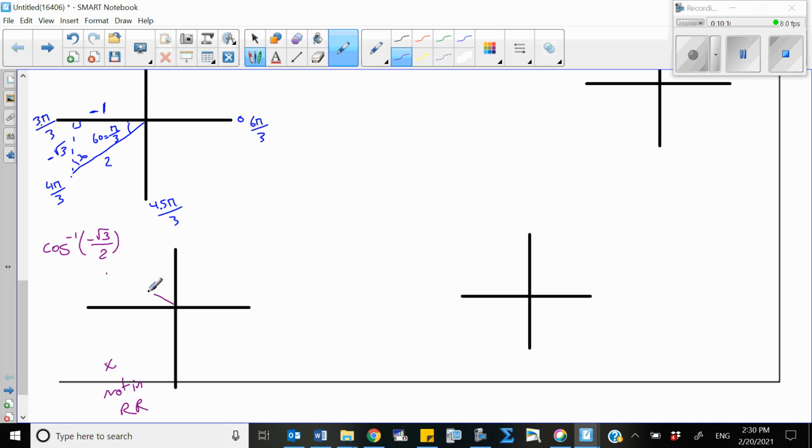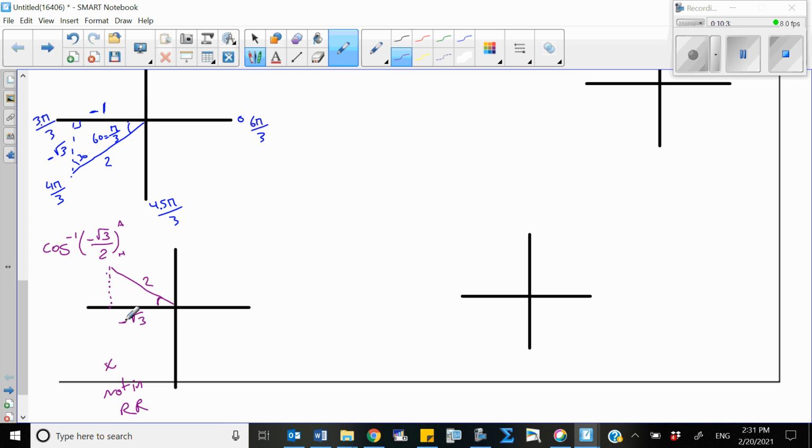So I have to take only this one. This is my reference angle and the right triangle. Okay, cosine is adjacent over hypotenuse. So adjacent is radical 3, hypotenuse is 2, and the negative goes with this one because hypotenuse is always positive.